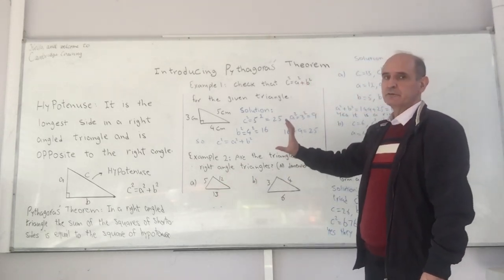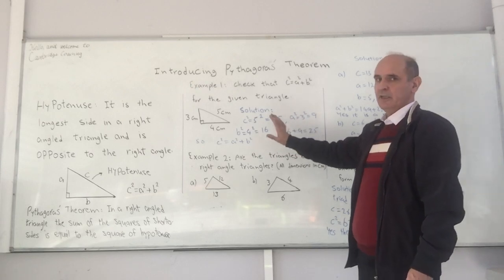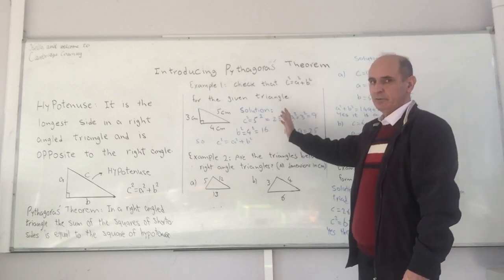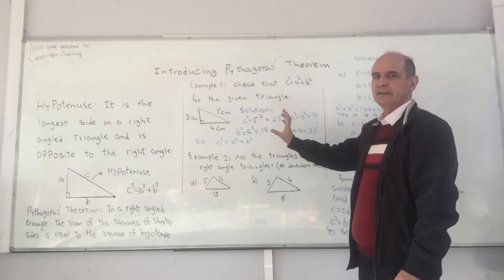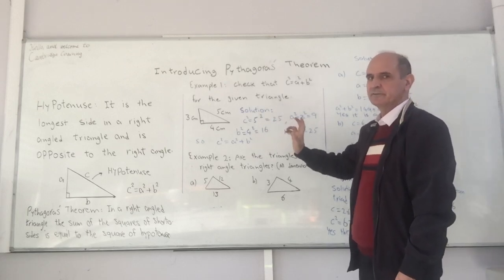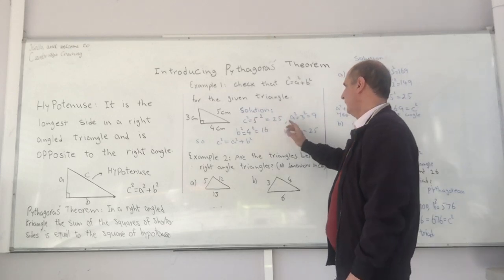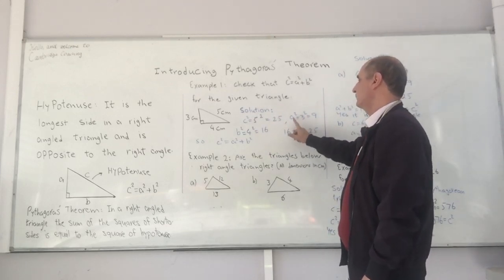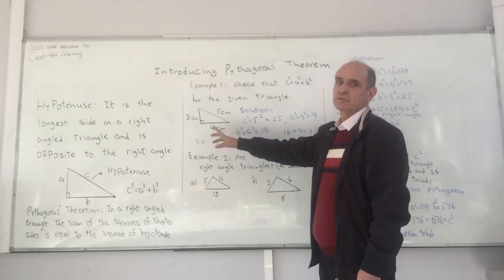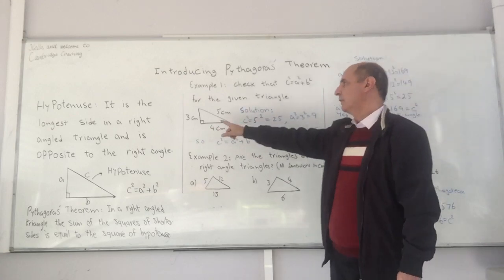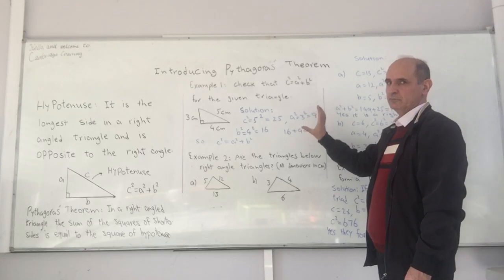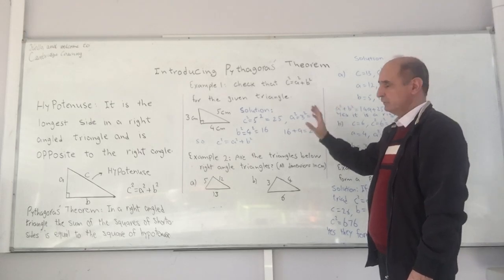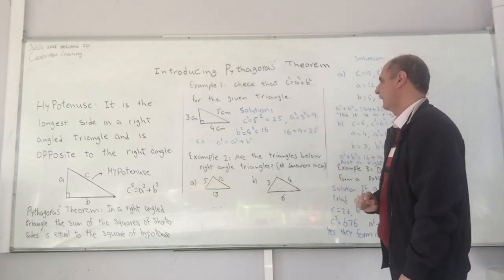One thing you got to remember in Pythagoras, c is always the hypotenuse, but a and b don't matter, whichever one you take as a and whichever you take as b. For example, here I took a as 3, but I could have taken a as 4. Doesn't matter. Then b becomes 3. Okay? But all you need to remember is the hypotenuse is always c.